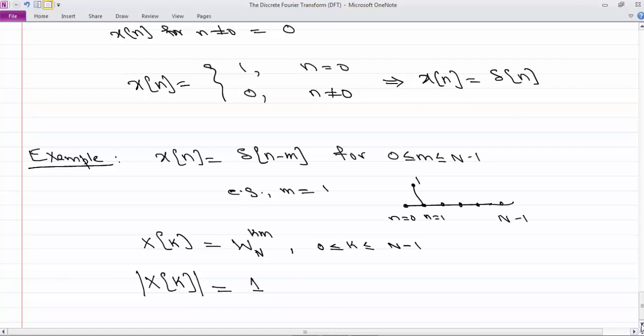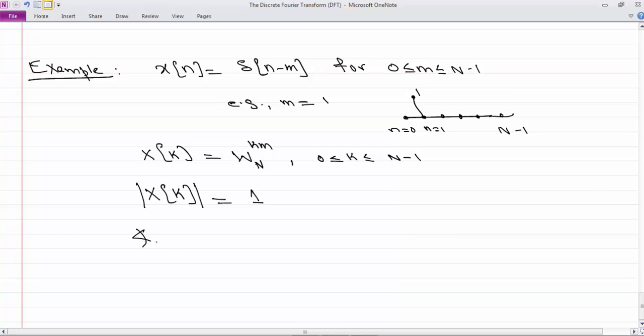But what will be the difference if I look at the phase of X of k?